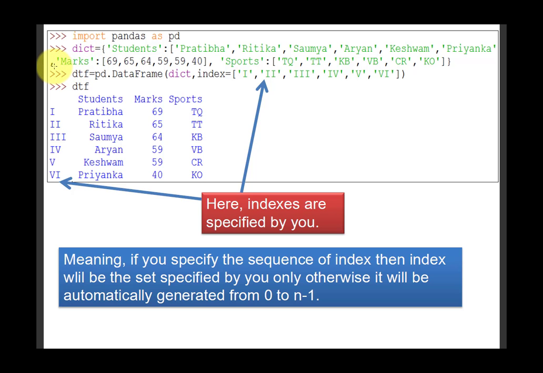Next we will define the next key. You keep it separated with a comma and then define the second key. So marks is the second key and its values are these. These all are the key values. And next is sports and its key values.